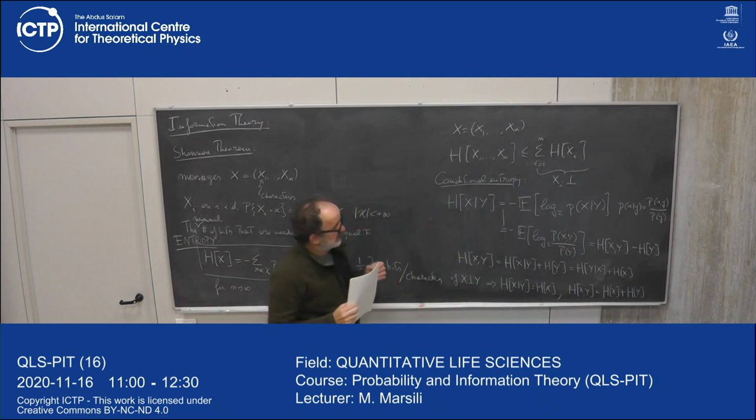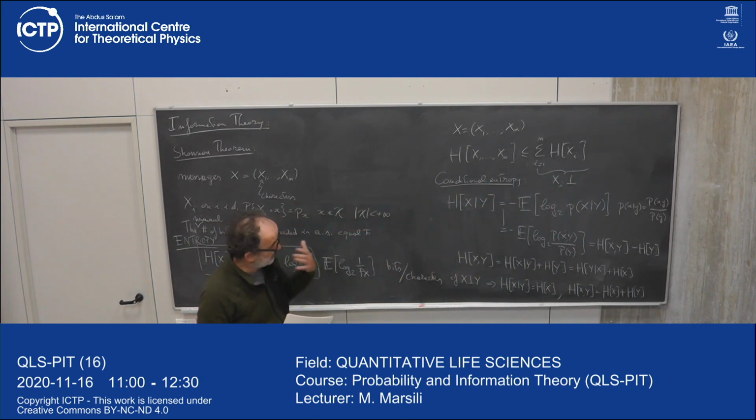And so the state of maximal uncertainty is the one where all variables are independent. Okay.